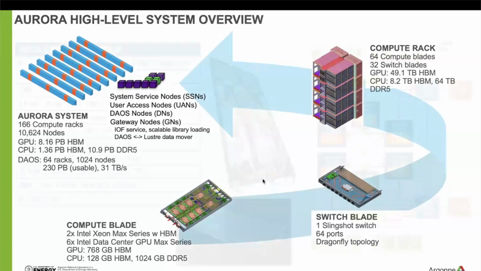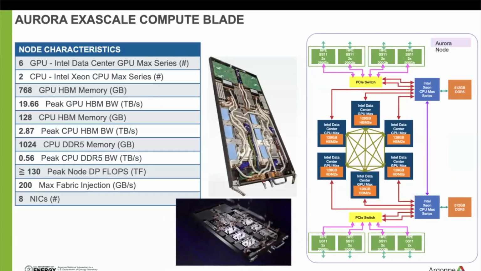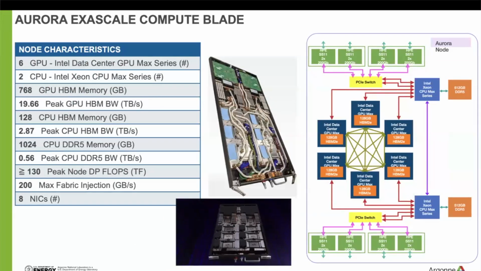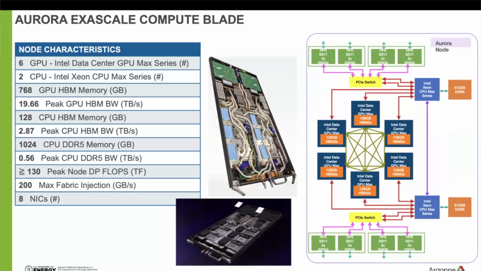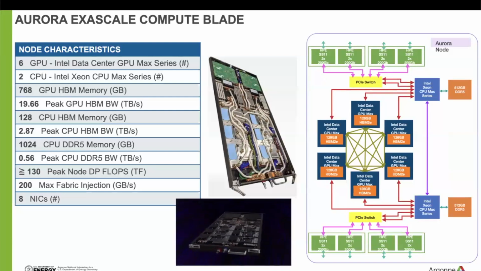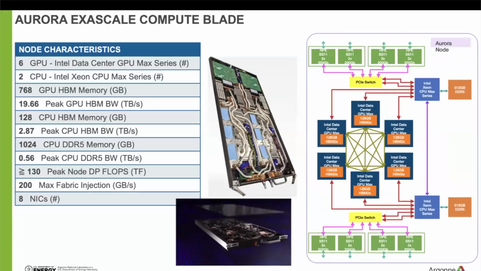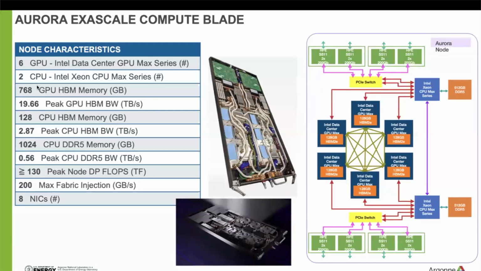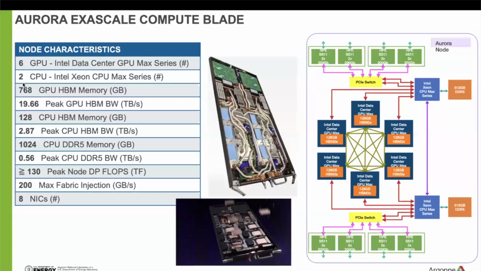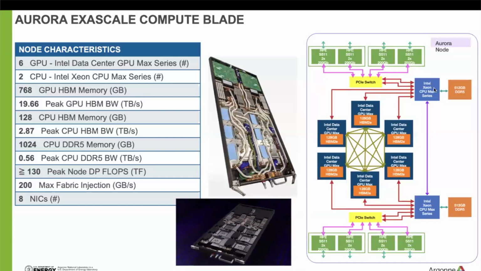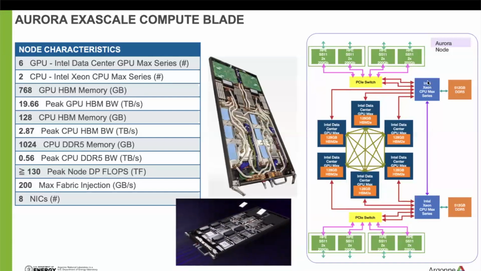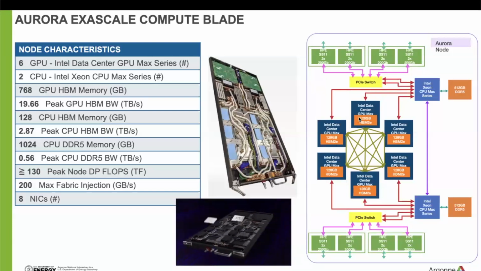This is a little more detail about the Aurora exascale compute blade. As I mentioned before, it has six GPUs. Each GPU has two stacks, so in total you can consider 12 GPU stacks. And also two Sapphire Rapids processors, so you can expect some NUMA effect between the CPUs. The six GPUs are connected through Xe Link.